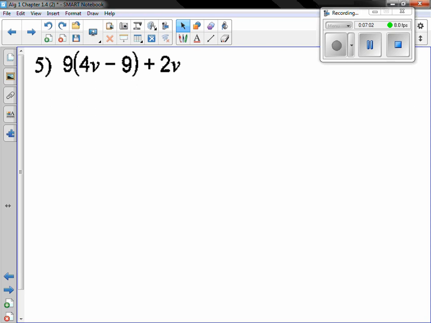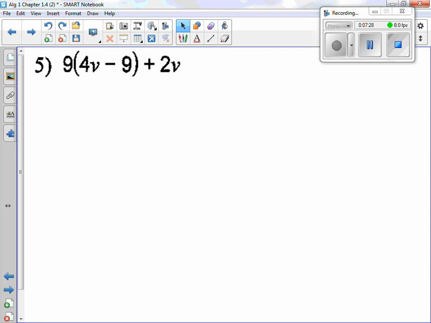We would have b. Now what's negative 9 times 9? Then what do we have? Plus 2b. So what are our like terms? 36v and 2v.